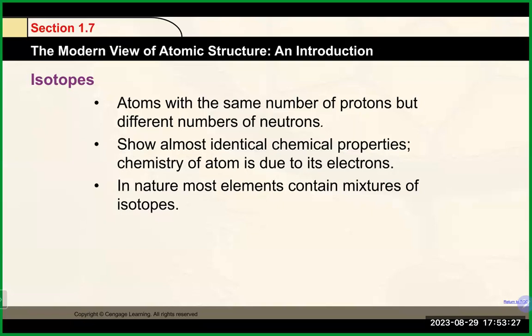The good news is neutrons and protons really do not participate in normal chemical reactions, which we talk about in this class. When you go to 200B, we'll talk about nuclear chemistry, and those reactions all basically involve neutrons and protons. So it's a very different type of reaction than a chemical reaction.